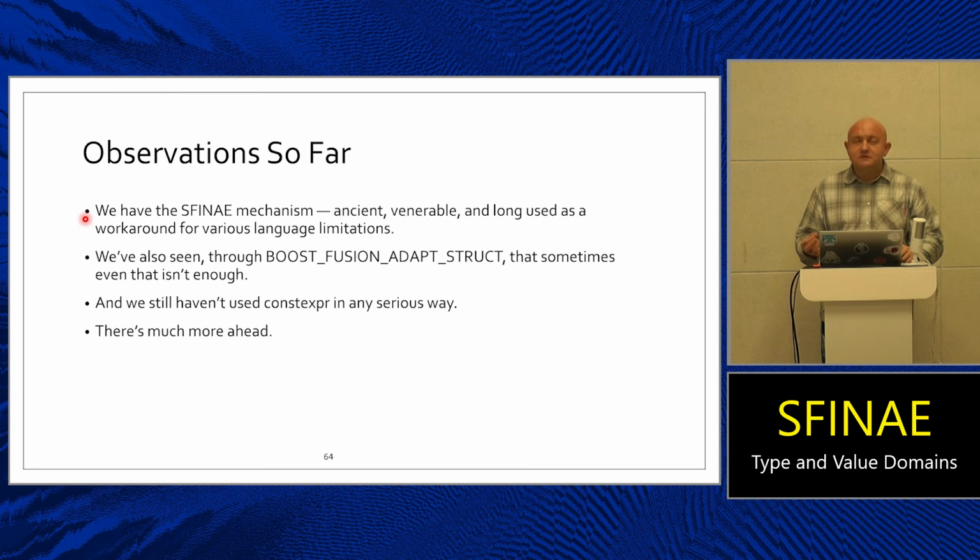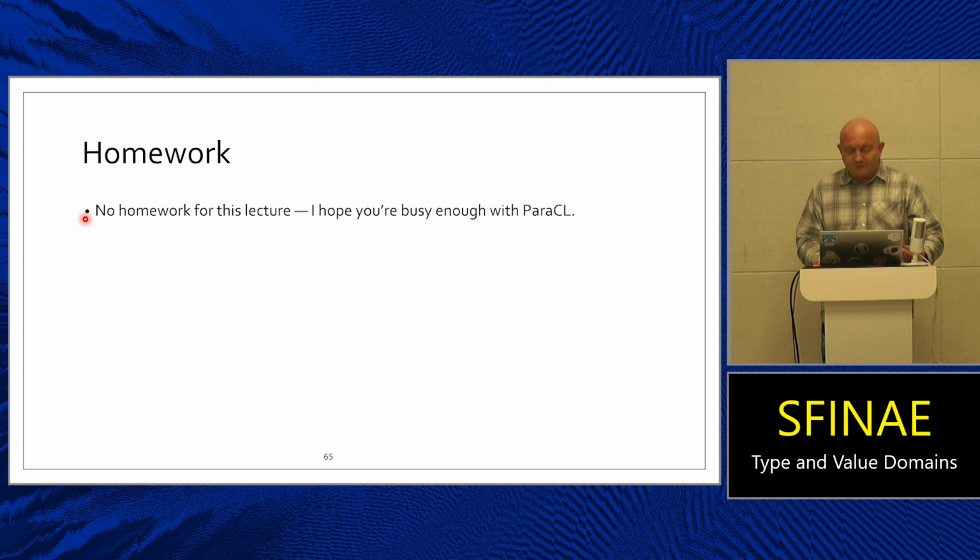And we've seen how far metaprogramming can go, all the way to Boost Fusion, where types and values finally start to live side by side, I would say. And yet, even that isn't always enough, because we haven't seriously used constexpr yet. That's where we are heading next, to the modern world of real compile time computation.